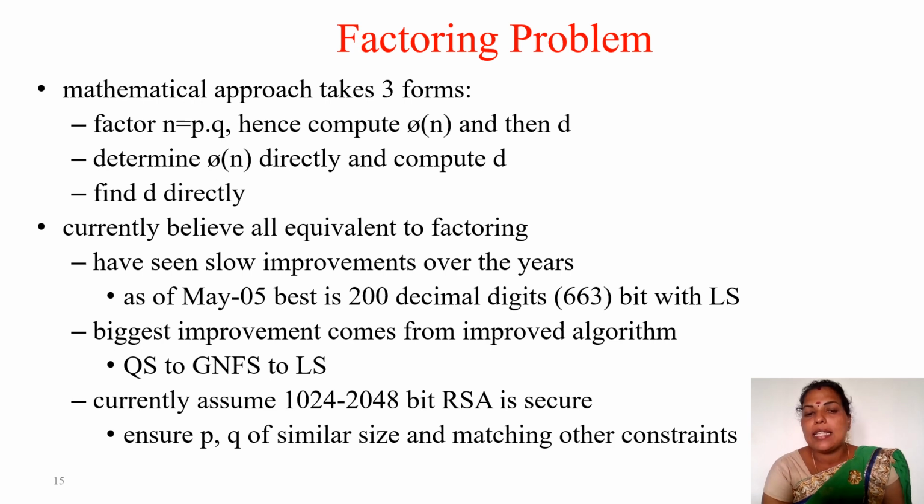Currently they are assuming 1024 to 2048 bit RSA is secure. So generally they choose the block size as 1024 bit and 2048 bit. That is very, very important, that they ensure that P and Q are of similar size and match the other constraints here. That is the factoring problem.